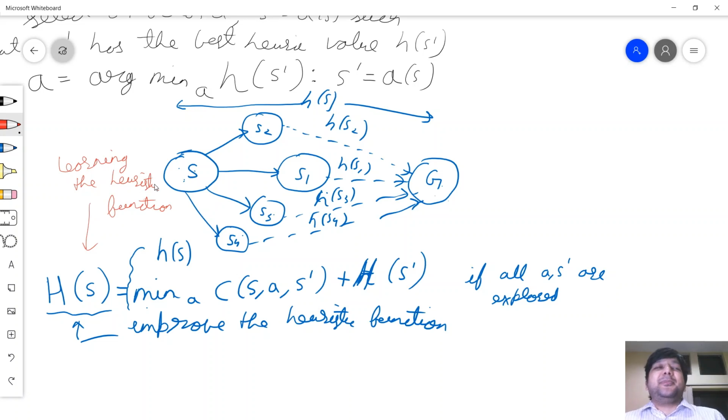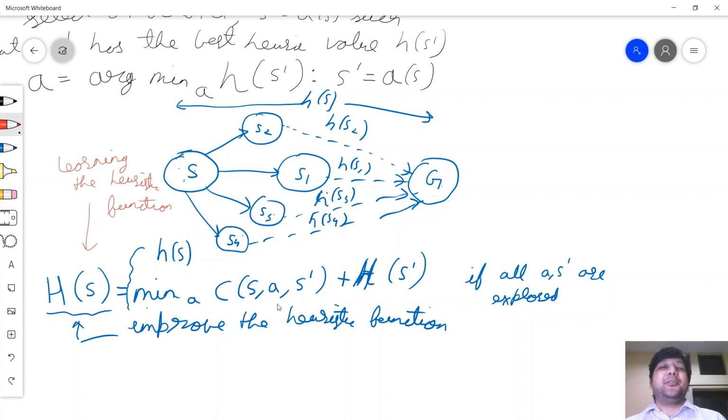There's no memory problem. You can explicitly store the heuristic function for all states for this problem. It's not that I'm dealing with exponential memory for this specific problem. So if you can improve the heuristic function, make use of what you know, well and good. If you are really very inquisitive and eagle-eyed, you might be able to see that there is a kind of Dijkstra's which is happening with H. So if you explore these edges in an intelligent way, you actually get the distance function of the Dijkstra's.